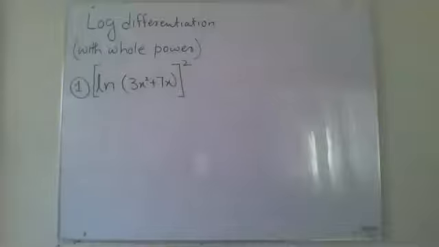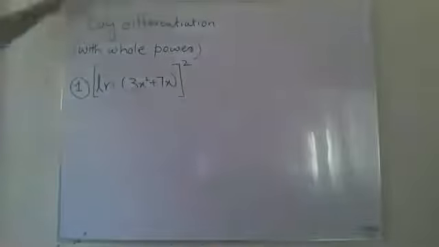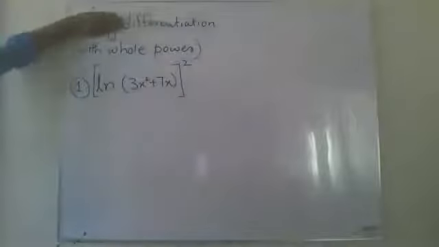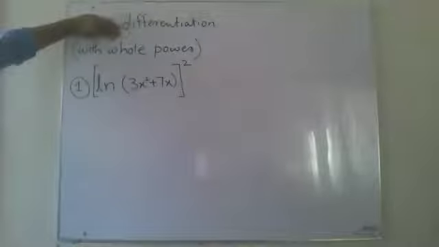Okay, and in that bracket anything can be there. It can be algebraic differentiation, it can be log differentiation, it can be trigonometric differentiation. Anything can be there. So you can remember that even if I'm not talking about log differentiation, I'm just talking about differentiation.